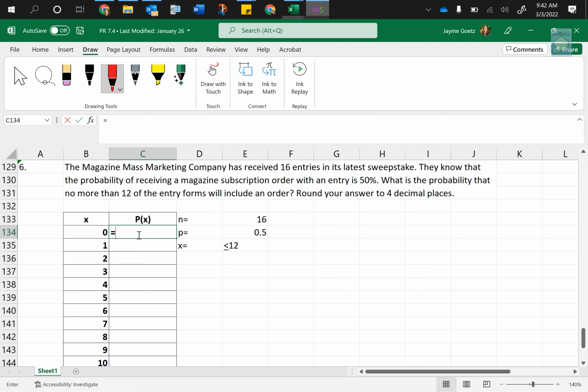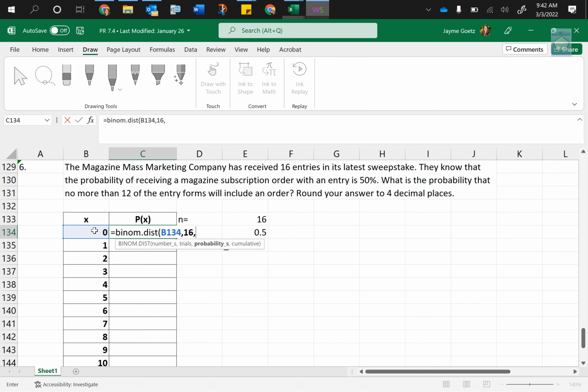So we're going to have equals binom.dist. The number of successes is going to be my x value. Click on that cell. Comma, how many total trials did I have? 16.